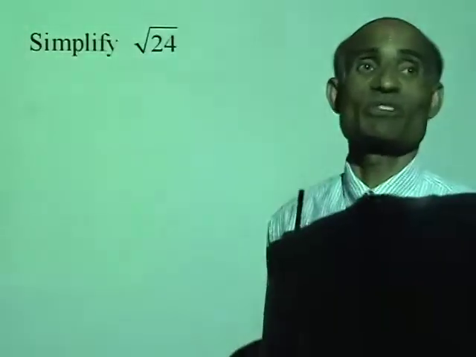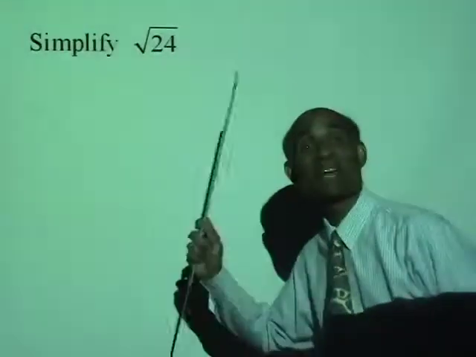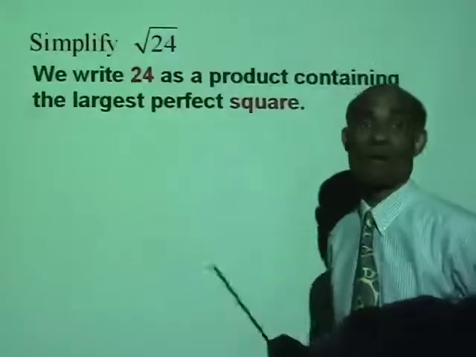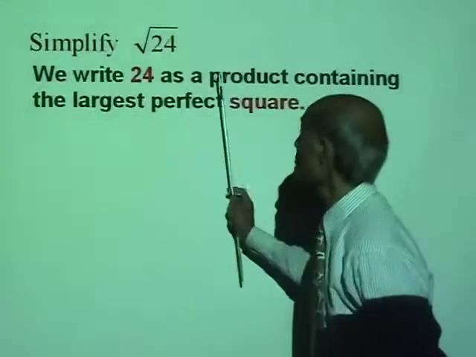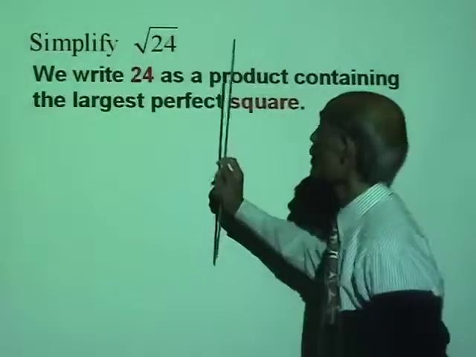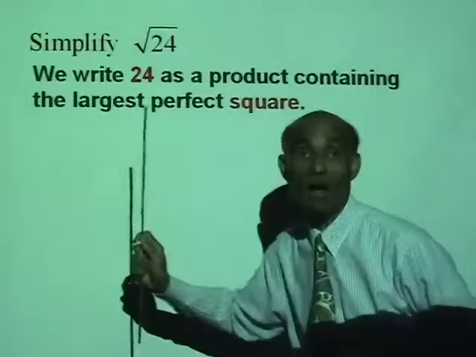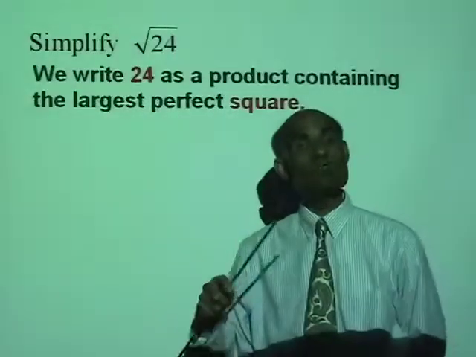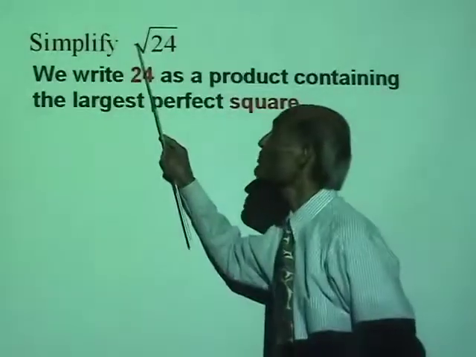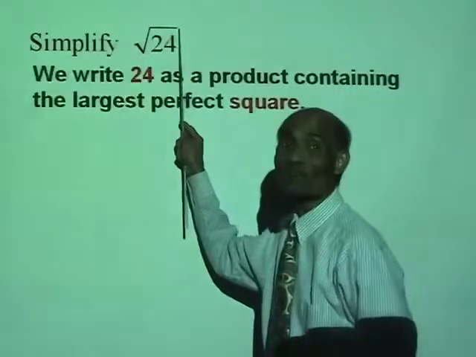Okay, let's practice this. Simplify square root 24. I have actually done that for you. We write 24 as the product of a perfect square. How do you know we need the perfect square? Because we need to simplify the square root.